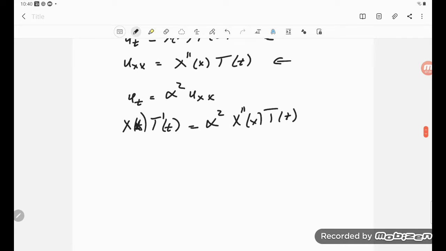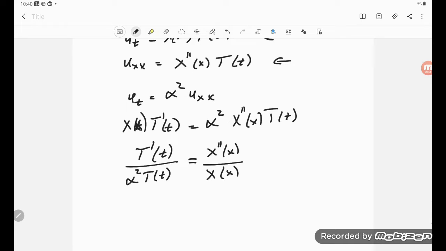And now we do something similar with the separation of variables we did in Calculus 1. And I can write this as T prime of t over alpha squared T of t. And the alpha squared could stick with either one, but typically they write it with the T here, is equal to, and then I've got my X double prime here, over X of x.